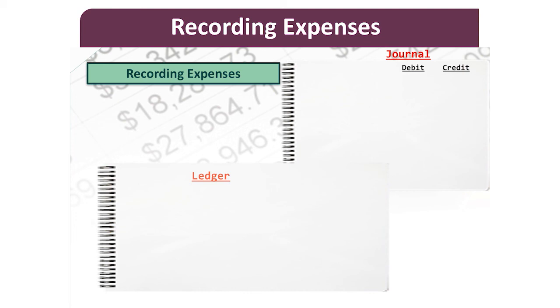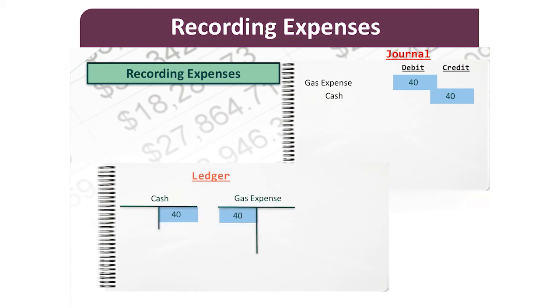Your second purchase is for $50 and you charge it to be paid in July. The accounting entry for the first purchase is a debit to gas expense and a credit to cash as cash is decreased. Then you post the transaction to the ledger.